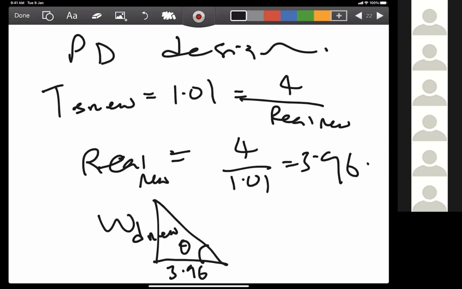So what is the angle? For 18% overshoot, theta is 60 degrees, correct? So theta is 60 degrees.